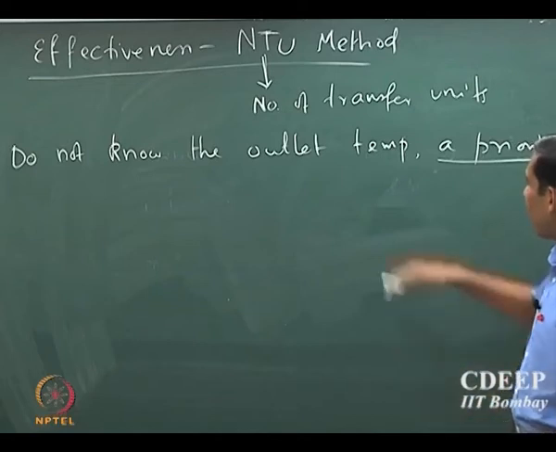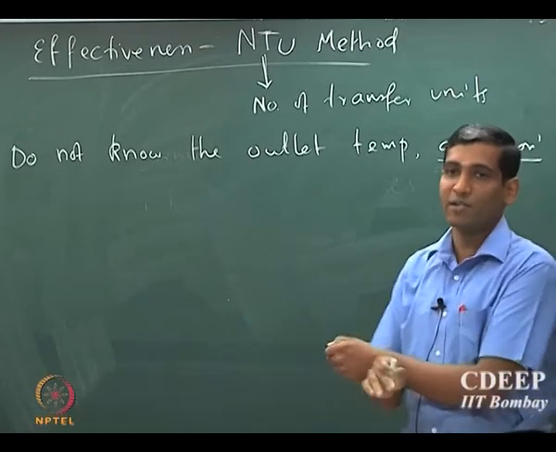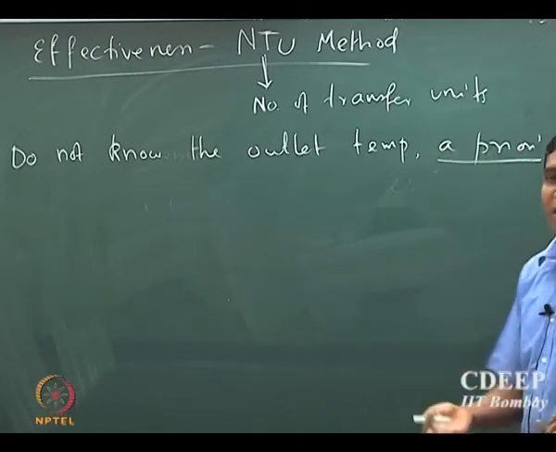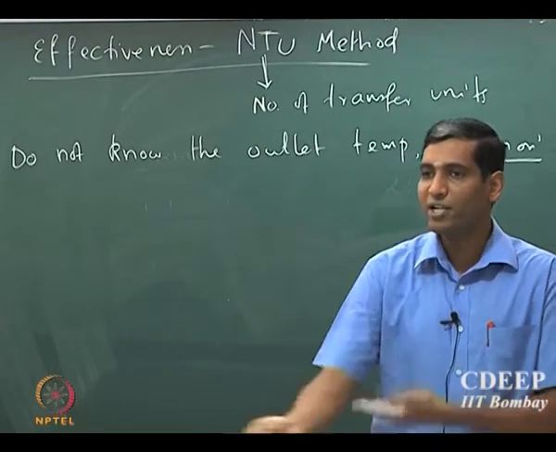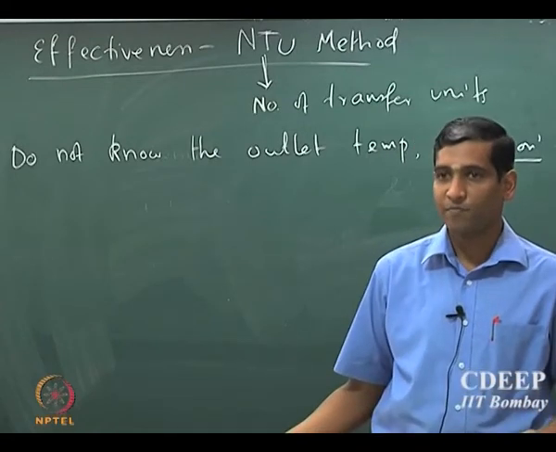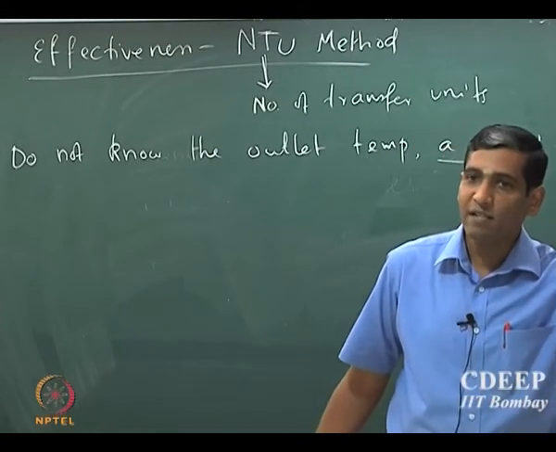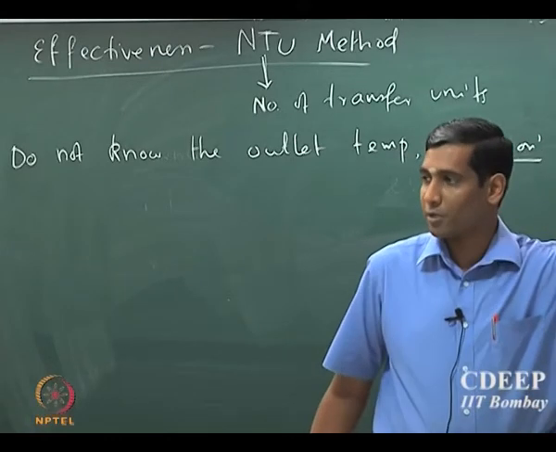Therefore, often you may realize that you may not know what is the exact outlet temperature, or sometimes it could be vice versa. Your outlet temperatures may have been specified because you may know what should be the inlet conditions for a reactor, but you may not know what is the inlet conditions for the heat exchanger because it comes from some other process.